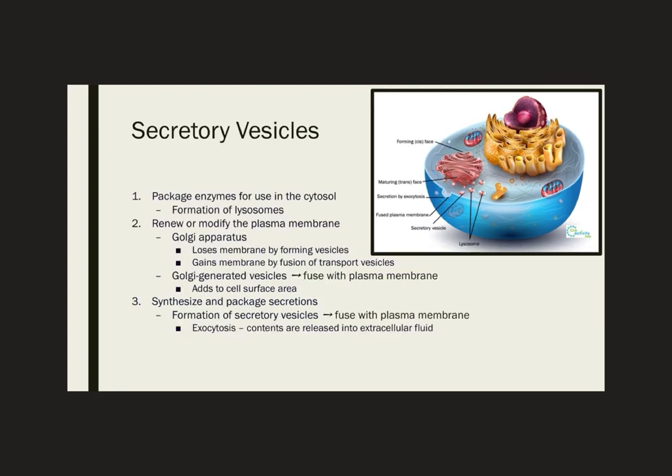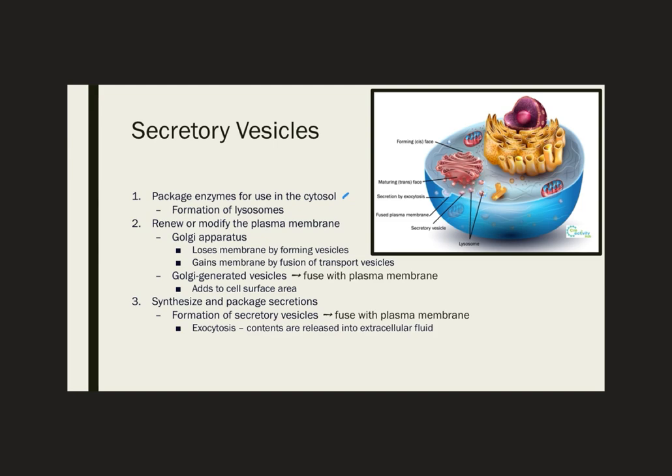The first function, packaging of enzymes for use in the cytosol: among the vesicles that are packaged by the Golgi apparatus and remain in the cytosol are the lysosomes, which are filled with enzymes that break down engulfed foreign materials and pathogens as well as damaged membranous organelles.